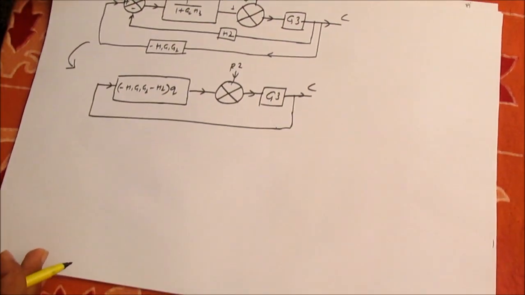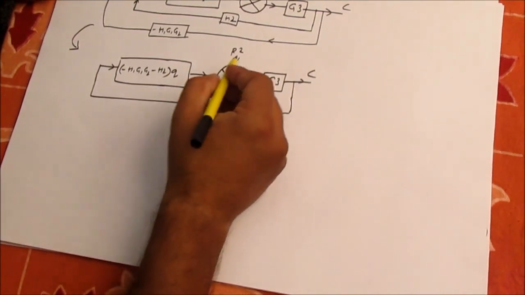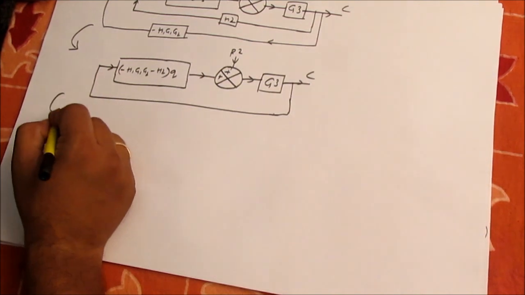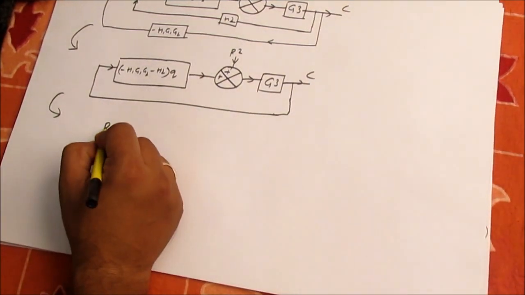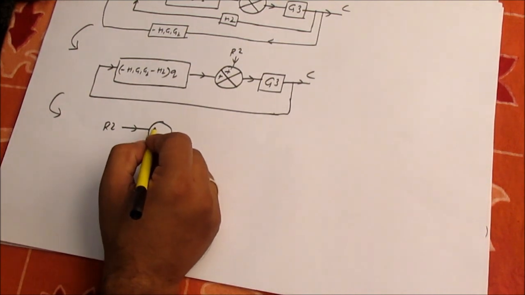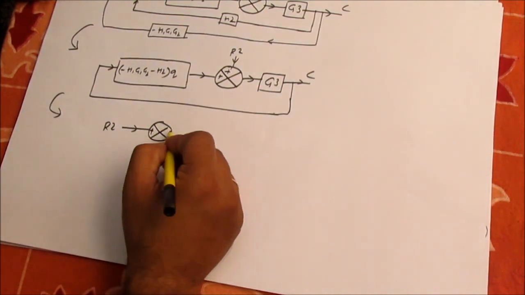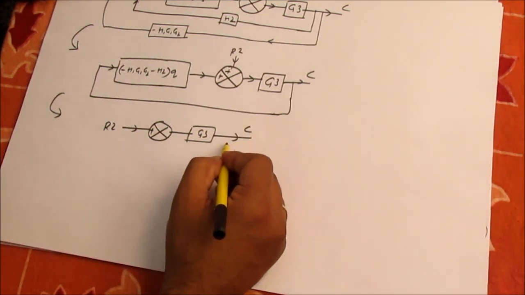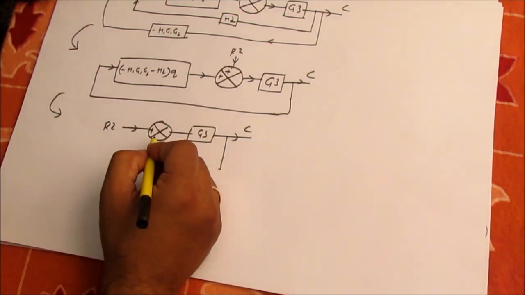Now, as you can see here, basically this is an example of a positive feedback. For your clarity, I will redraw it, so the picture will become more clear. So it is plus sign here, and then it is G3 here, then it is C output, and it is coming back.